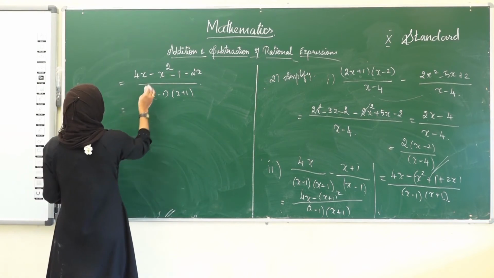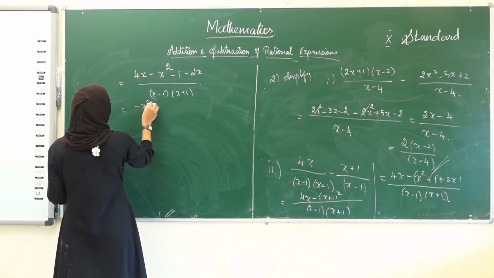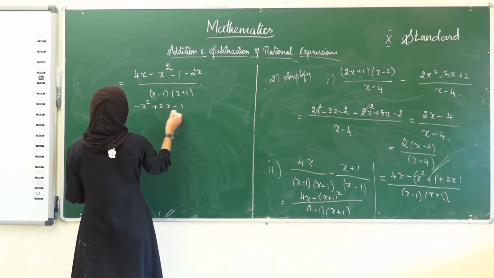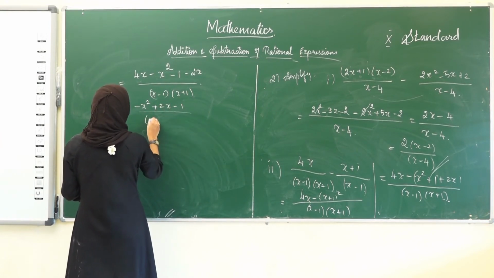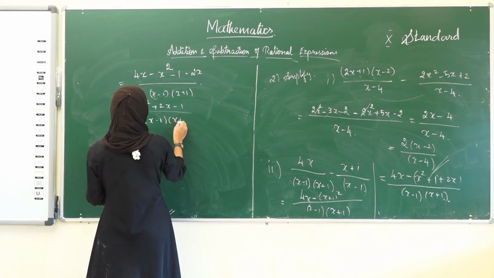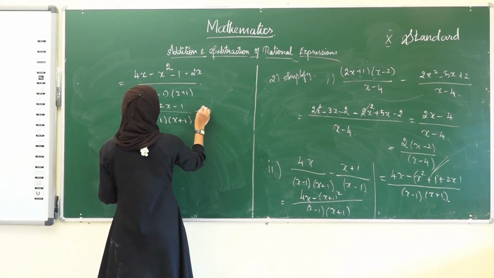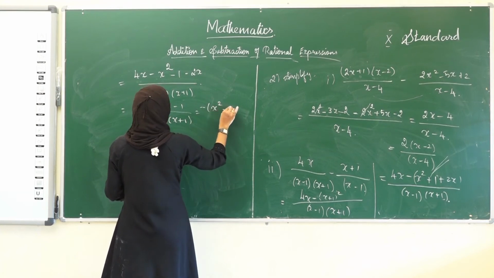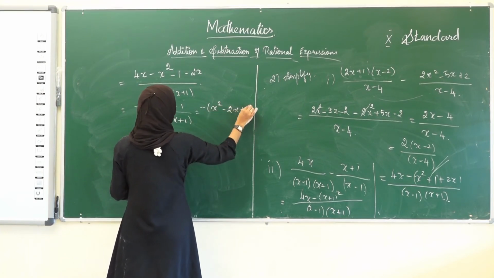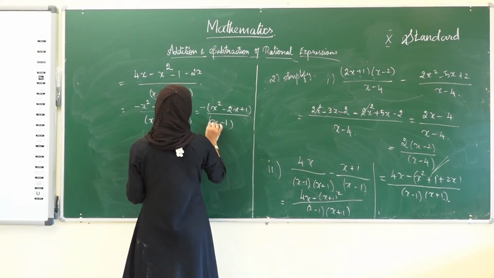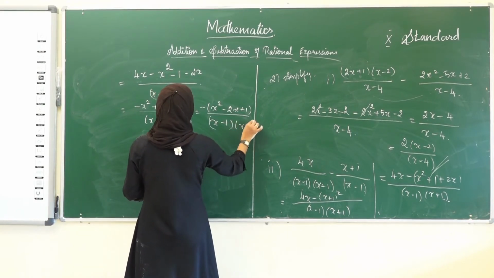See here, it is minus x square, 4x minus 2x is plus 2x, minus 1, divided by x minus 1 into x plus 1. Take the minus outside: x square minus 2x plus 1 divided by x minus 1 into x plus 1.